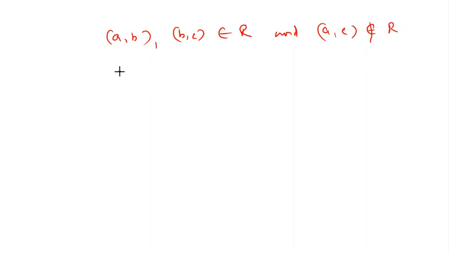For example, now (a,b) and (b,c) are both in relation R, and (a,c) does not belong to R. What is the conclusion? R is not transitive.